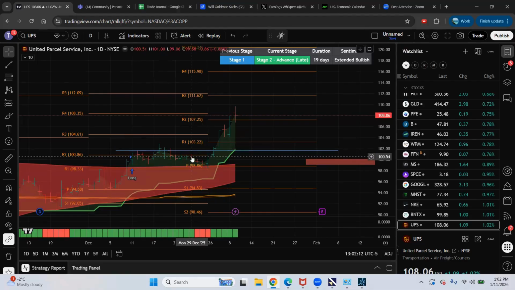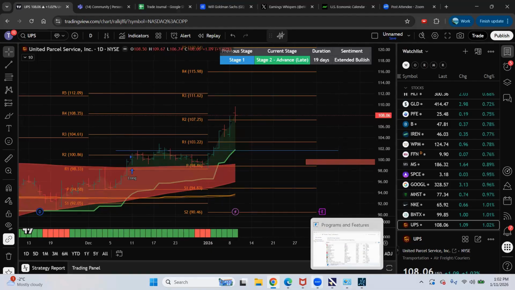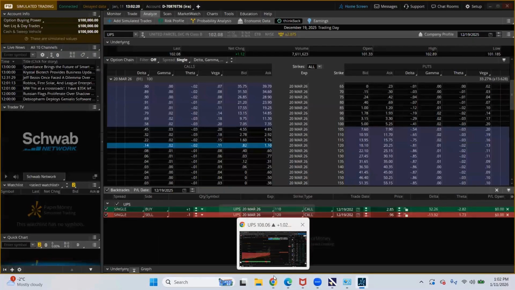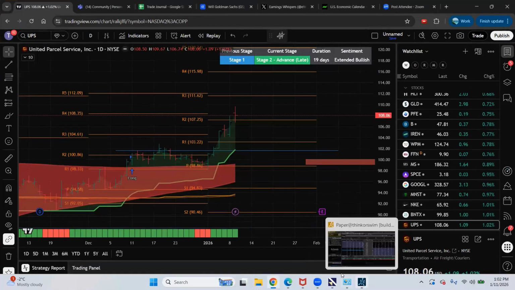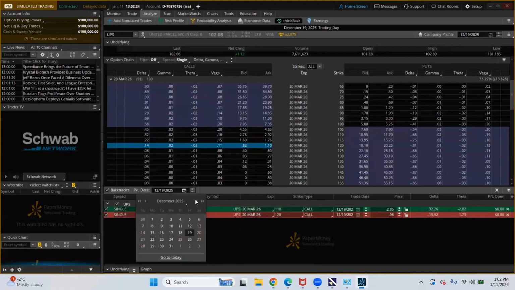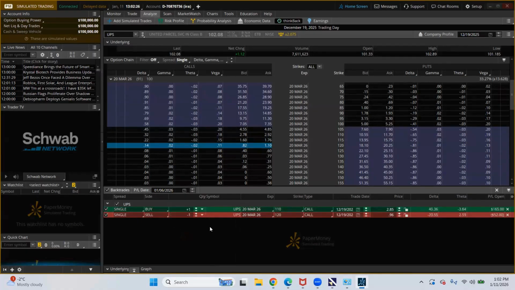So if I had a short-term expiry on this, a 30-day expiry, or just a simple call option, and I'll show you what this looks like on the 6th of January. So let's go to the 6th of Jan. And you can see if I had just the simple long call on the 110 on that date, I'd actually be down, looks like about 20% or so.